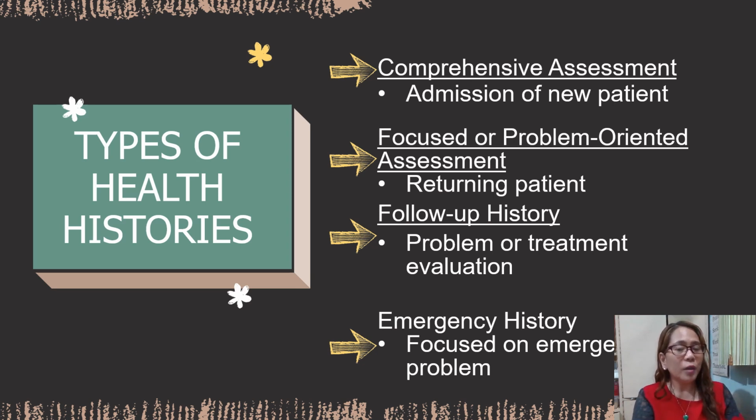Basta new admission yung client, it may require a comprehensive assessment. A comprehensive assessment meaning you have to collect complete data about your client. This data will provide the nurse a full picture about the patient.